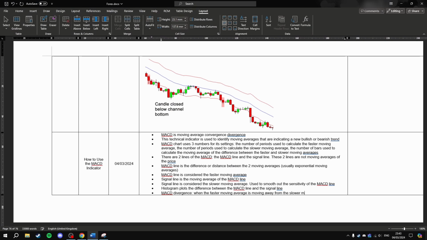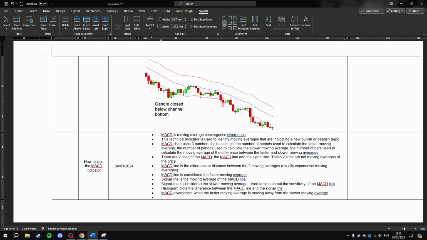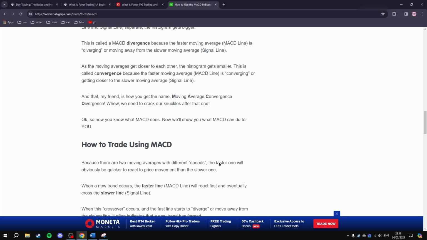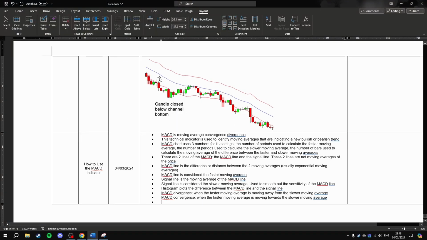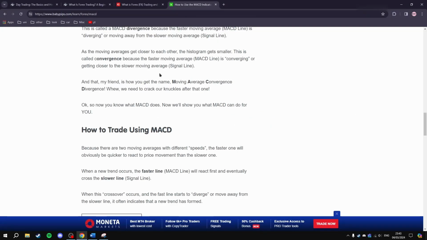MACD convergence is when the faster moving average is moving towards the slower moving average, getting closer to it. Yep. And that, my friend, is how you get the name. Oh, convergence, divergence. Right, okay.